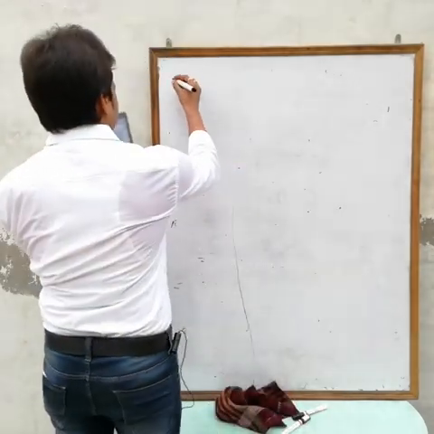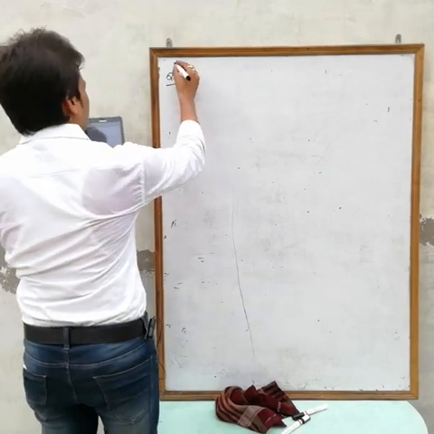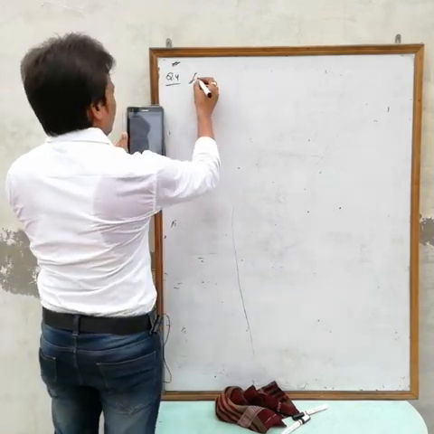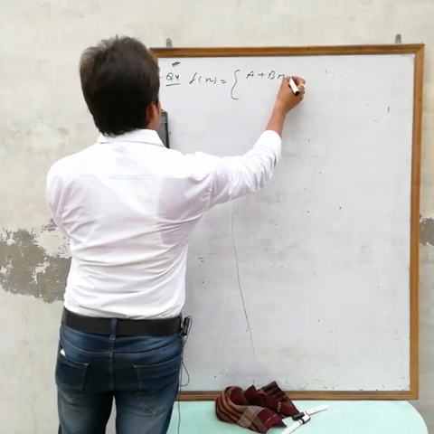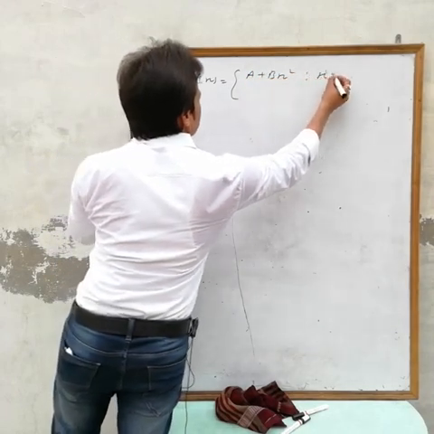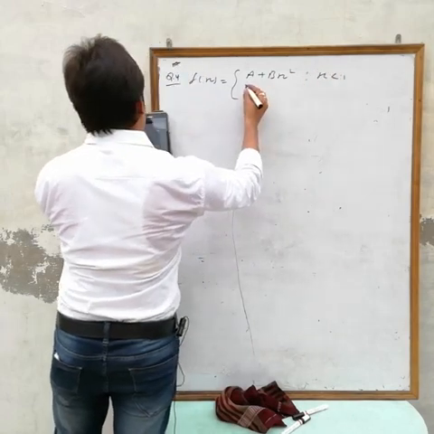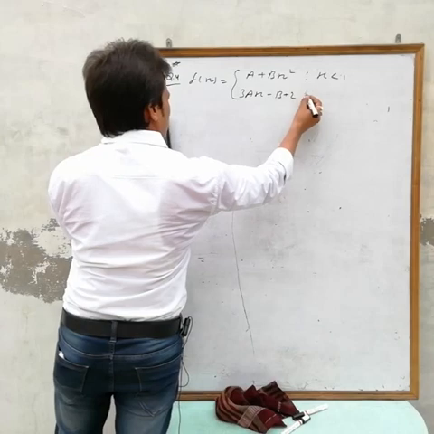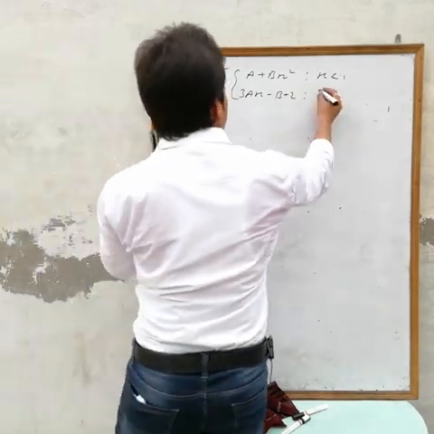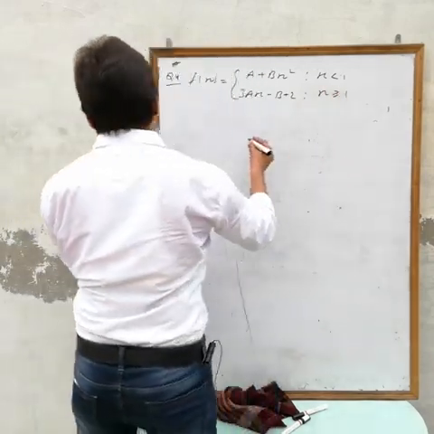Okay, write next. f(x) is equals to a plus b x square when x is less than 1, and 3ax minus b plus 2 when x is greater than or equals to 1.